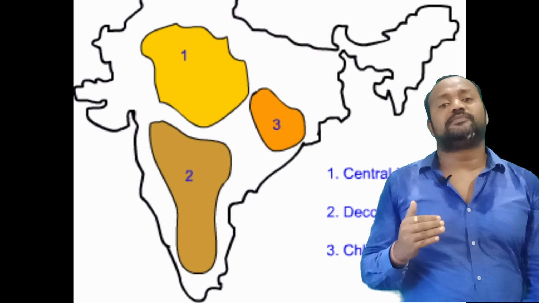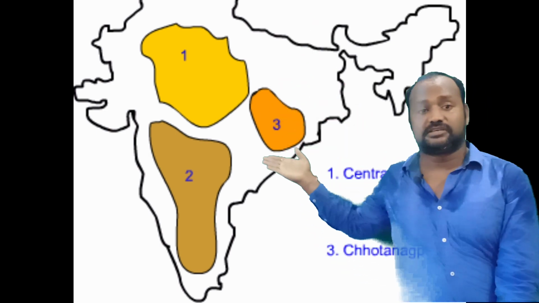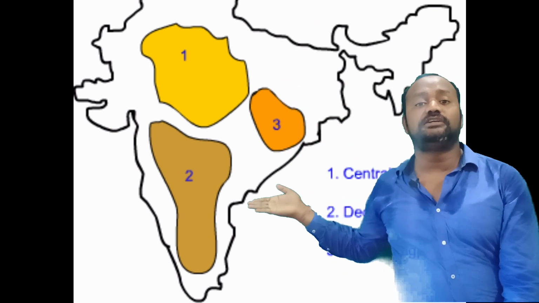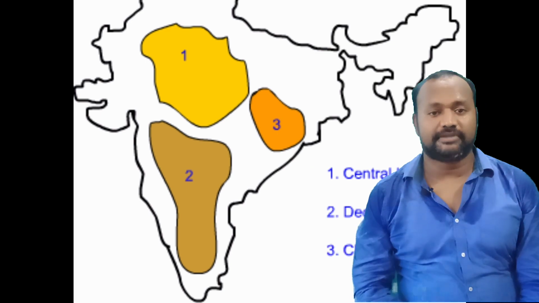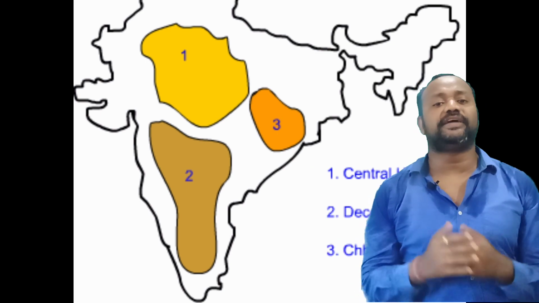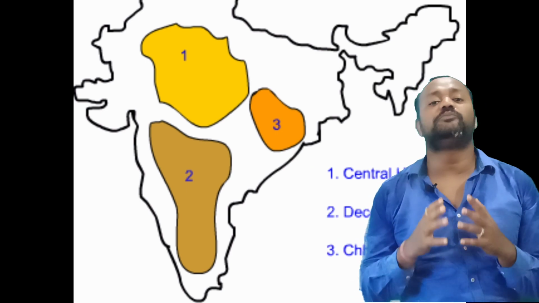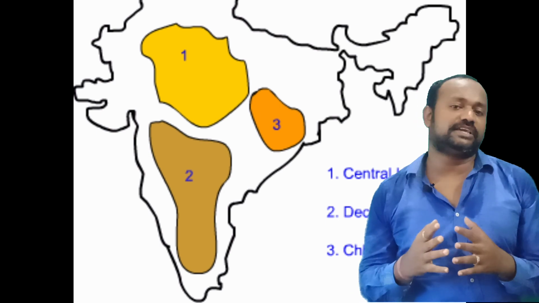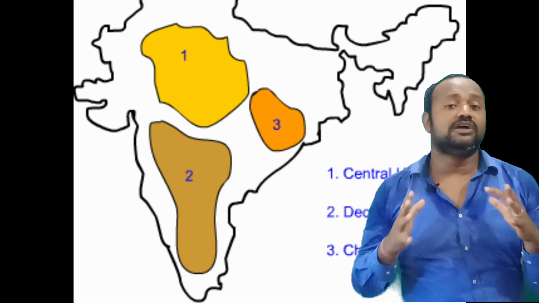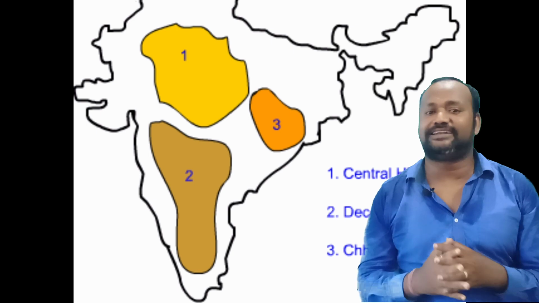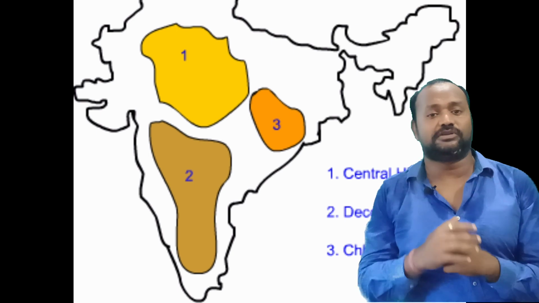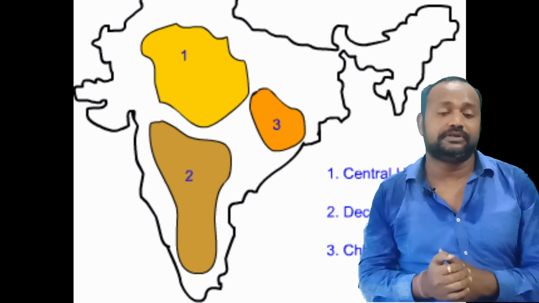Now let's discuss the importance of the Peninsular Plateau. As you know, the Peninsular Plateau is one of the oldest landmasses in India. So what are the benefits we are getting from it? What is the importance of the Peninsular Plateau?